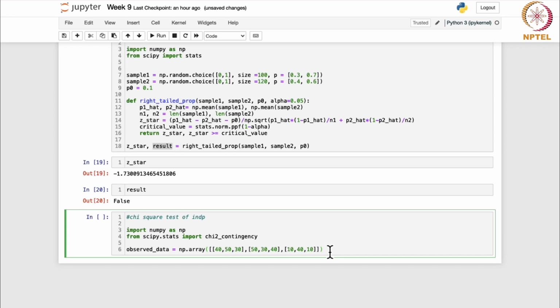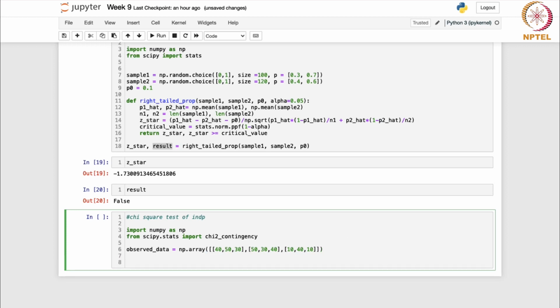These are basically your observed frequencies in each category for a chi-square test. You can see that it is like a 3 by 3 matrix format. So observed data is given to you, which means you have two categorical variables and each of them has 3 levels. Now you're going to perform your chi-square test of independence.